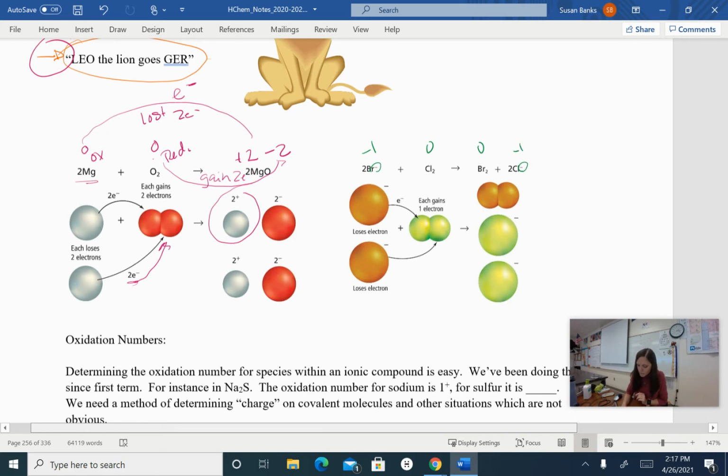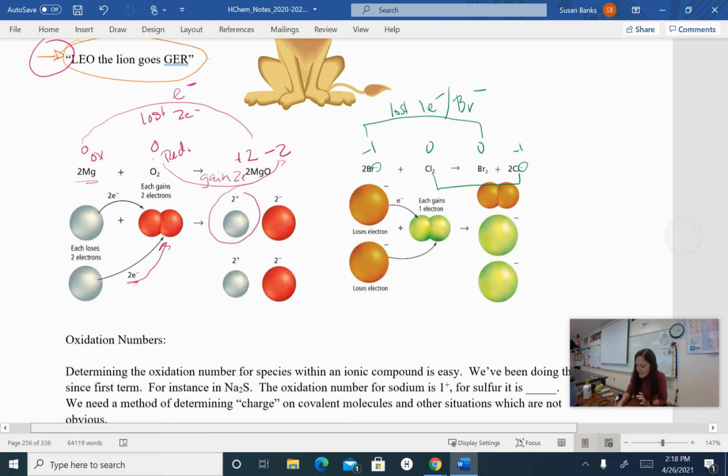Okay, so let's look at bromine. I go from a -1 to a 0. And remember, electrons are negative. So I have actually lost electrons, right? I have lost 1 electron per bromine atom, right? Let's look at chlorine. I've gone from 0 to a -1.